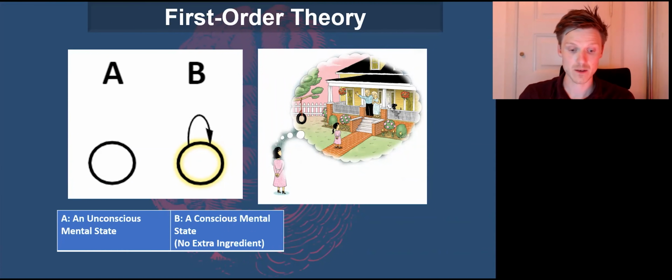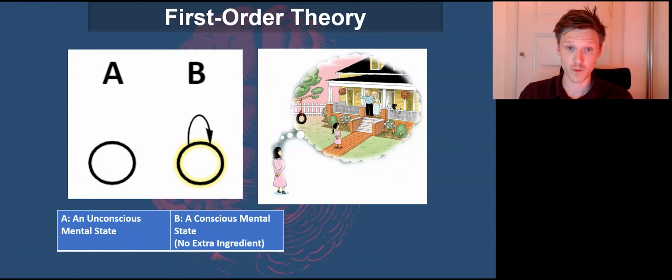And so common to all the theories of consciousness is that, in explaining what makes a mental state conscious or not, some of the theories will propose that the mental state needs a certain additional ingredient to be added to the mental state in order for it to become conscious.